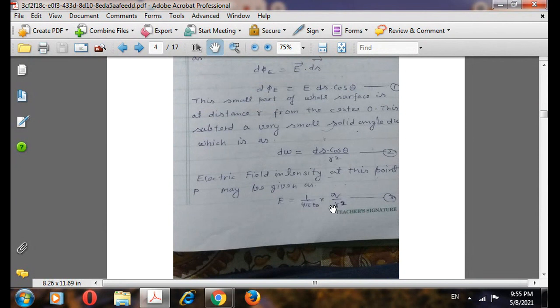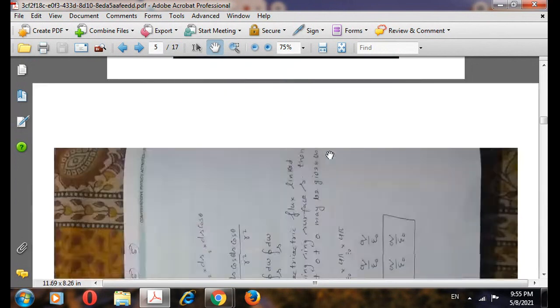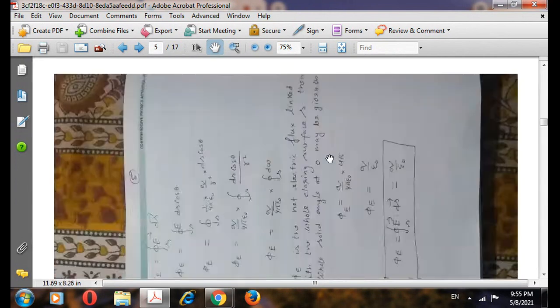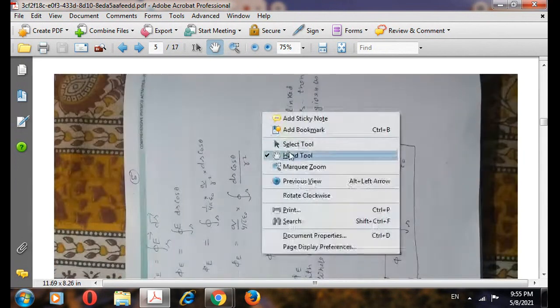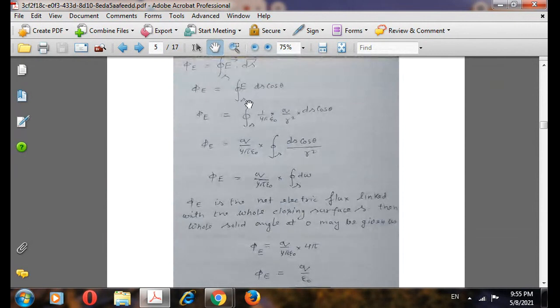Now, put this value in the first equation. What do we get? Look here. Phi e is equal to vector E dot ds, phi e is equal to E ds cos theta. In the next step, we will substitute here in place of E, 1 upon 4 pi epsilon naught q upon r square, the electric field intensity, times ds cos theta.